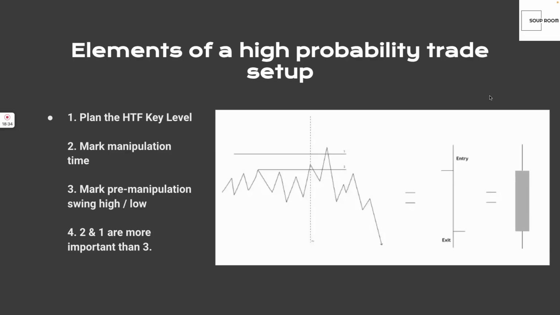Elements of a high probability trade setup. Number 1, plan out the higher time frame key level. Shown here, higher time frame key level. Step 2, mark out the manipulation time using a vertical line. Step 3, mark out the pre-manipulation time.